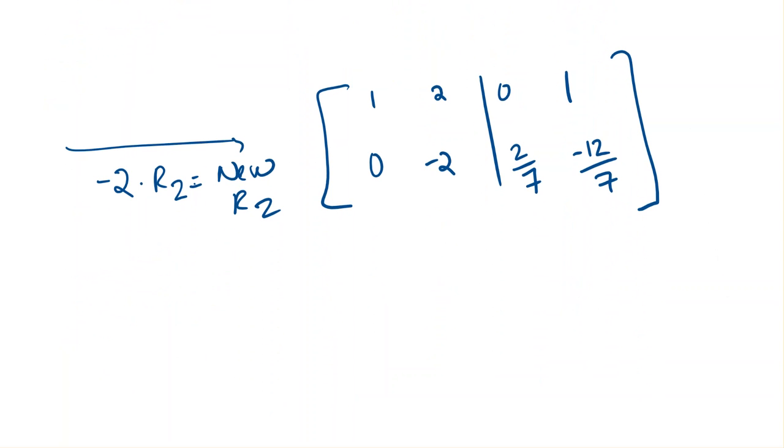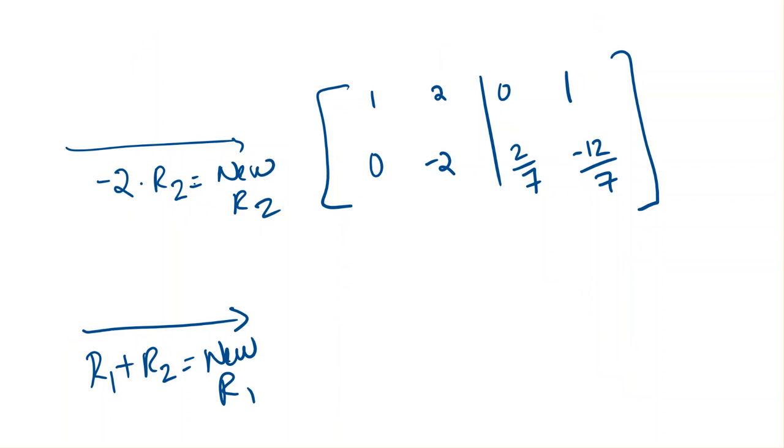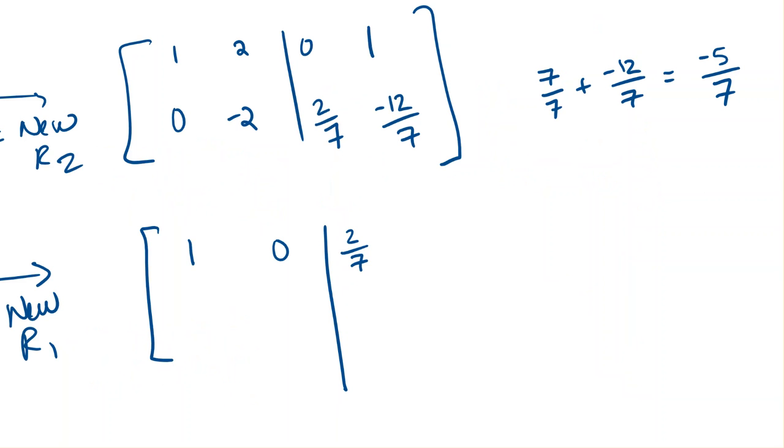And next we are going to say row 1 plus row 2 is going to be our new row 1. So let's add those together. Adding row 1 and row 2, we get 1, 0, 0 plus 2/7, 2/7, and then 1 plus -12/7.